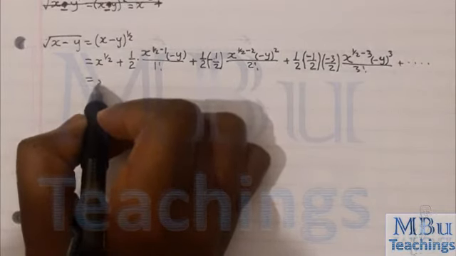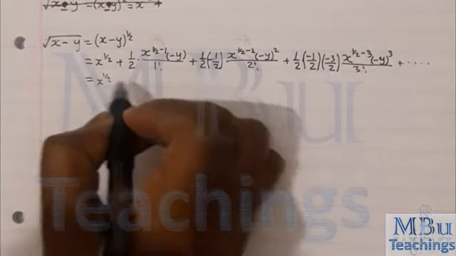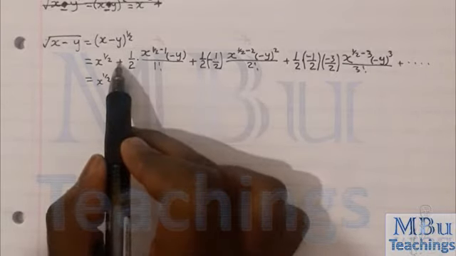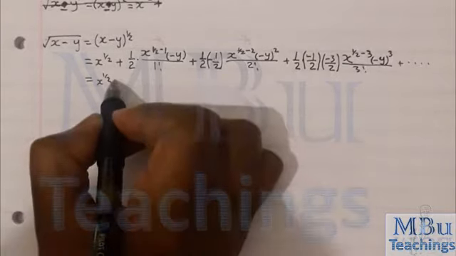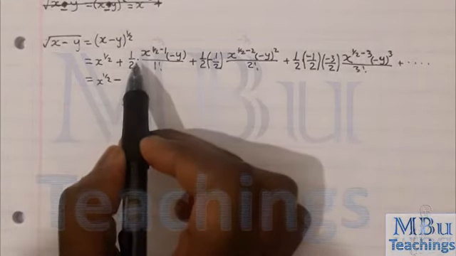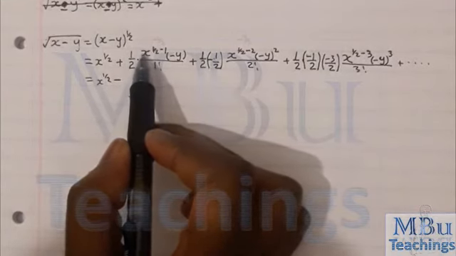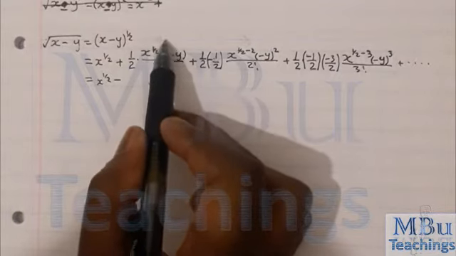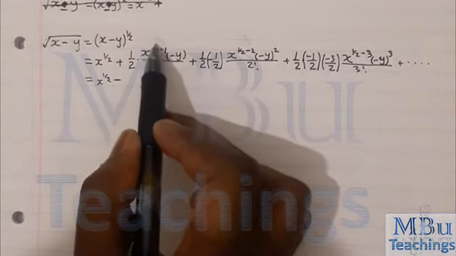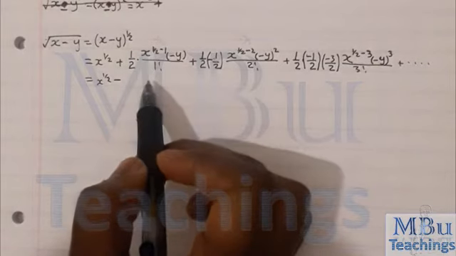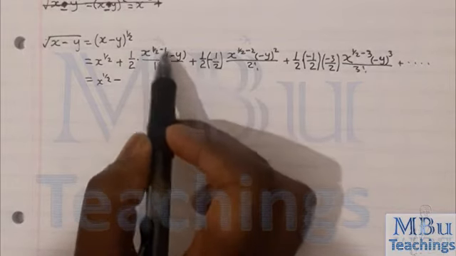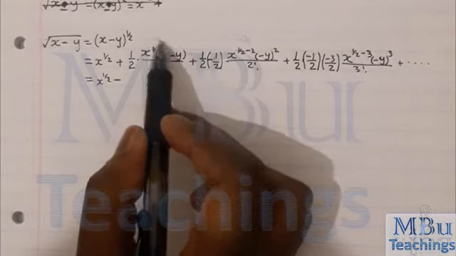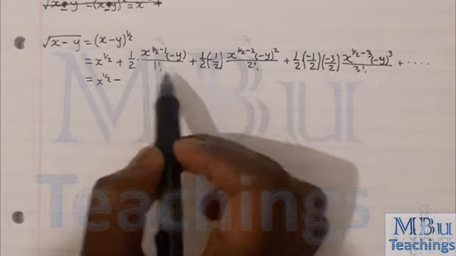So we have our x raised by a half. Then let's come here, negative times a positive is a negative, so we have a negative sign. 1 times x to the power, okay, the moment you see a negative exponent, you know that x is underneath the line. And if the exponent is also a fraction, that means we have a surd form.